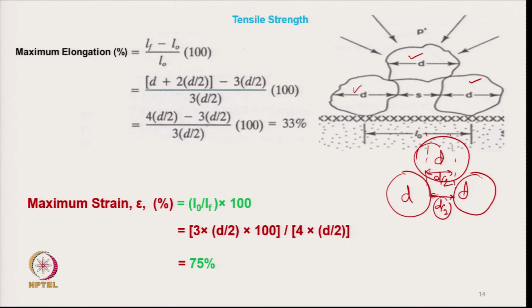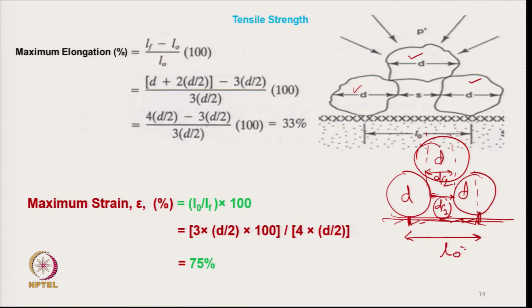Okay. In this condition, this is gripped with the geotextile. So, the effective initial length is L0. What is this L0?